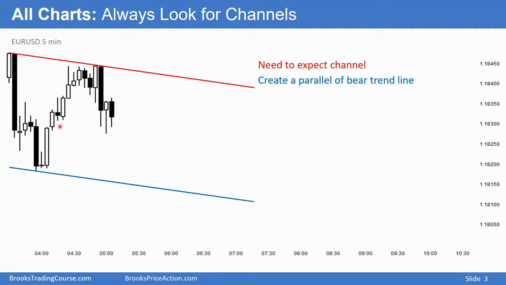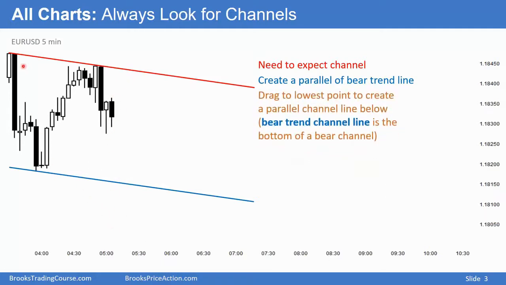If this is a bear trend, we go up and down, it will tend to find support at the bottom of the channel. And most bear trends, at least at some point, are contained in a fairly parallel channel. Reversal down, 2 points. I draw a line, I create a parallel, drag it to the lowest point in between. And now we have a possible broad bear channel.